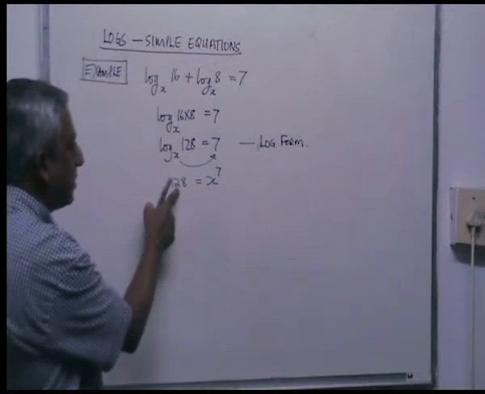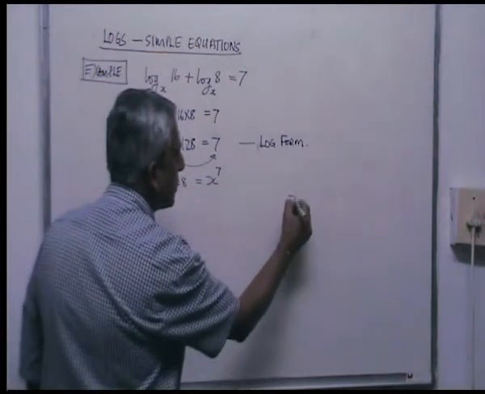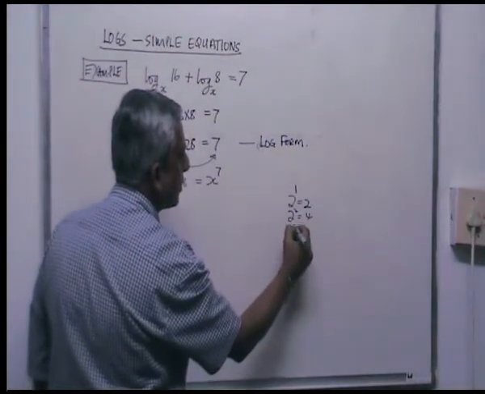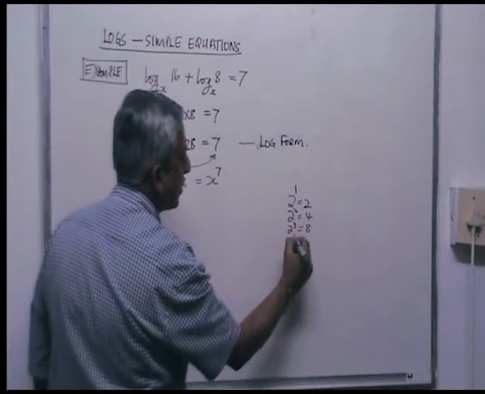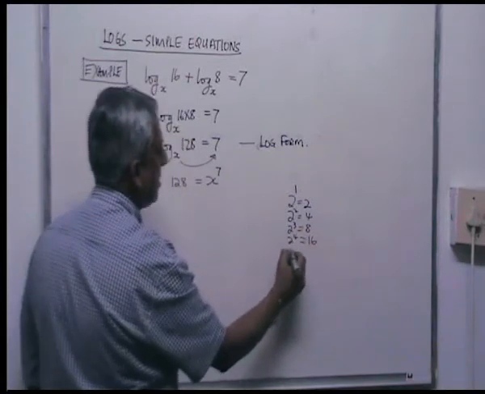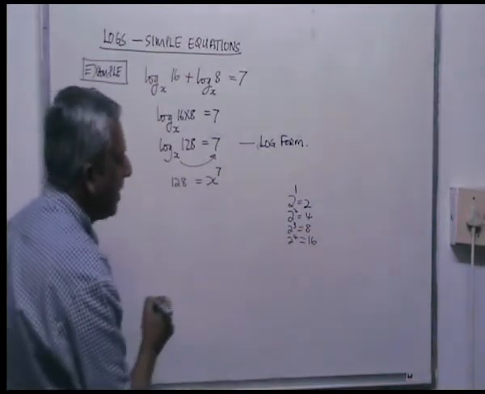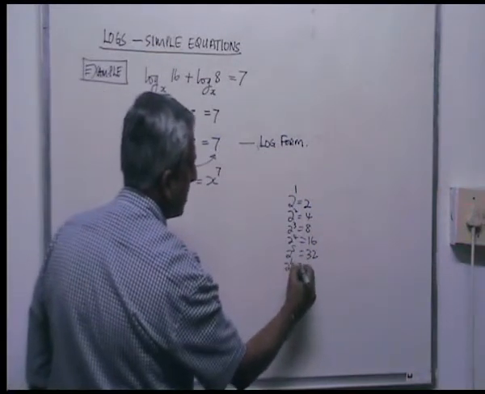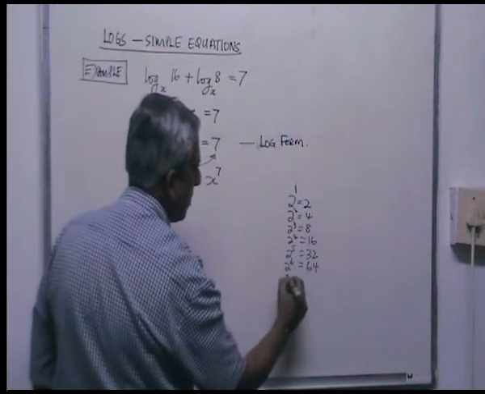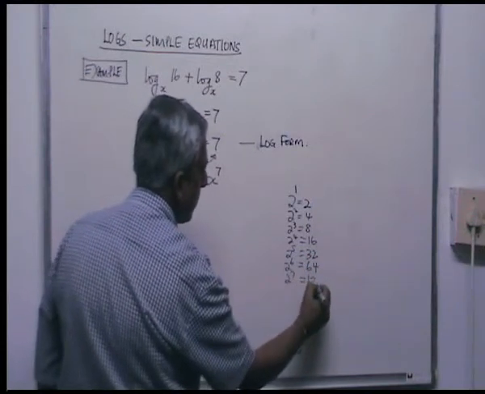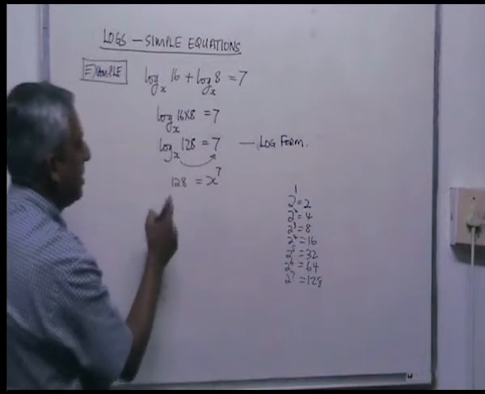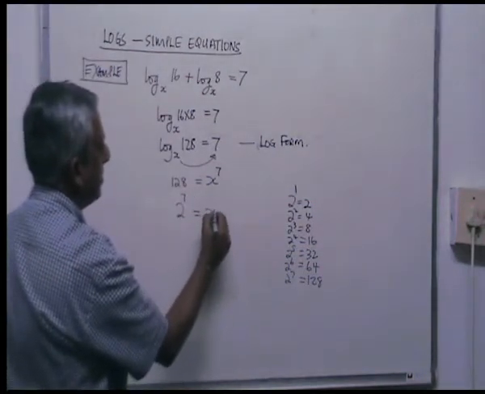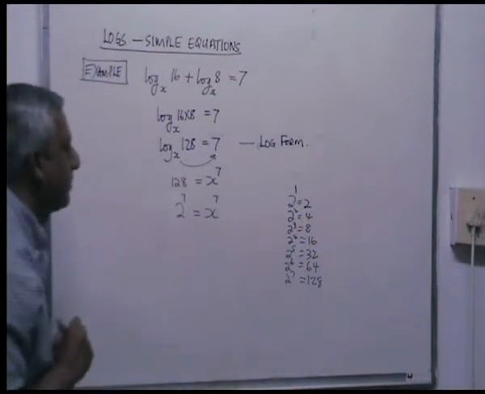You see? If you take powers of 2, 2 to the 1 is 2, 2 to the 2 is 4, 2 to the 3 is 8, 2 to the 4 is 16, right? 2 to the 5 is 32, 2 to the 6 is 64, 2 to the 7 is 128. So this is really 2 to the 7 is equal to x to the 7.